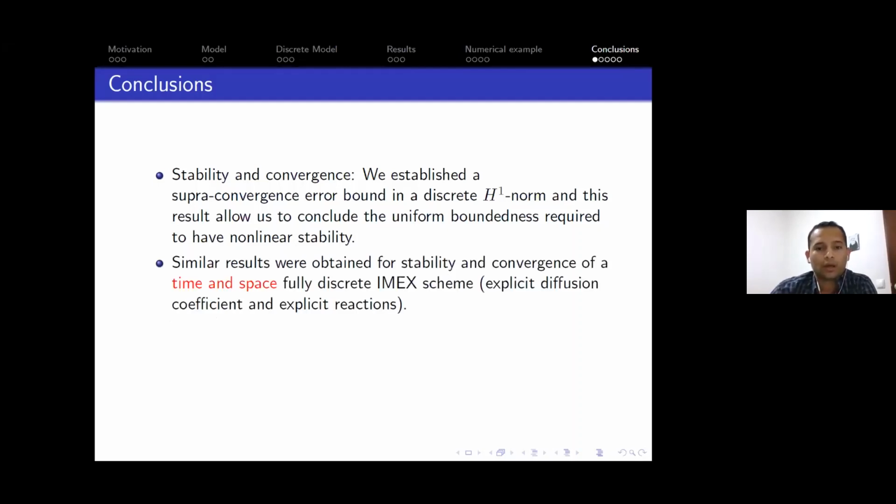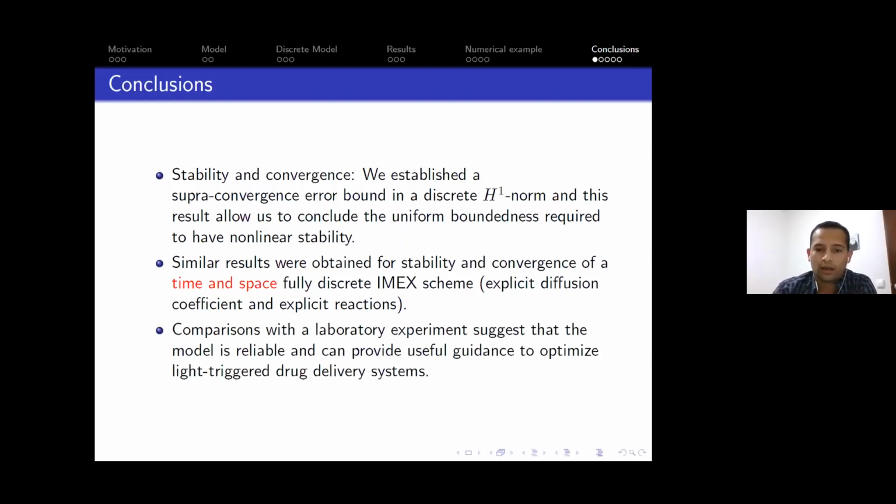Also in this work we found similar results for stability and convergence in space, and in time and space fully discrete with an IMEX scheme, implicit-explicit. These comparisons with the laboratory experiments suggest that the model is reliable and can provide some useful guidance to optimize light-triggered drug delivery systems.